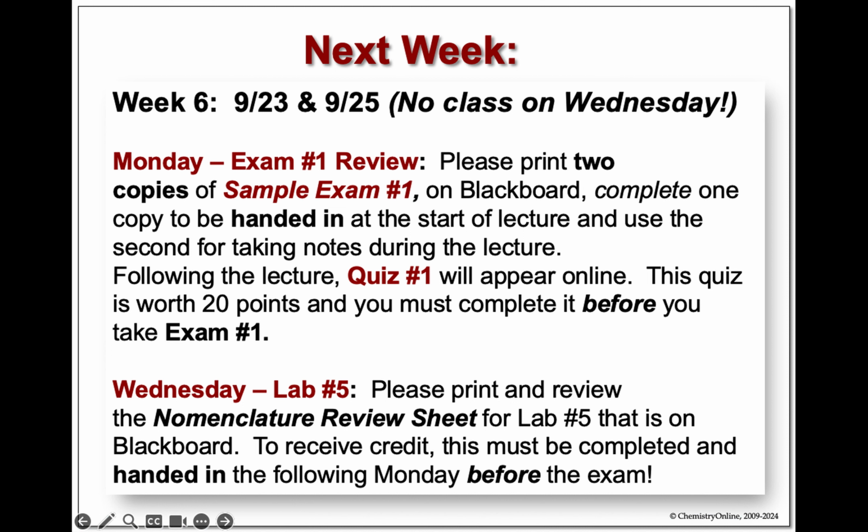What this is, is practice for the exam. So print this guy at home. Work it at home. Don't come to lab. There is no lab. On the morning of the exam, hand it in. That's how you get your 10 points for the lab.